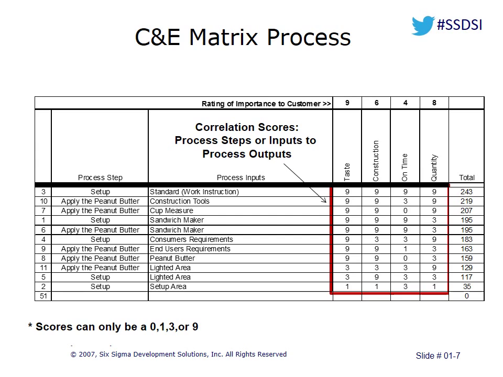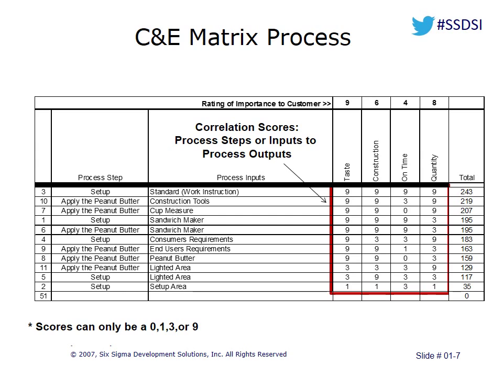We then sort on total descending, meaning the high score at the top, lowest score at the bottom, and make sure we sort also the process steps and the process inputs and the scores as well. So that gives us kind of a Pareto or a prioritization of our most important or significant inputs.